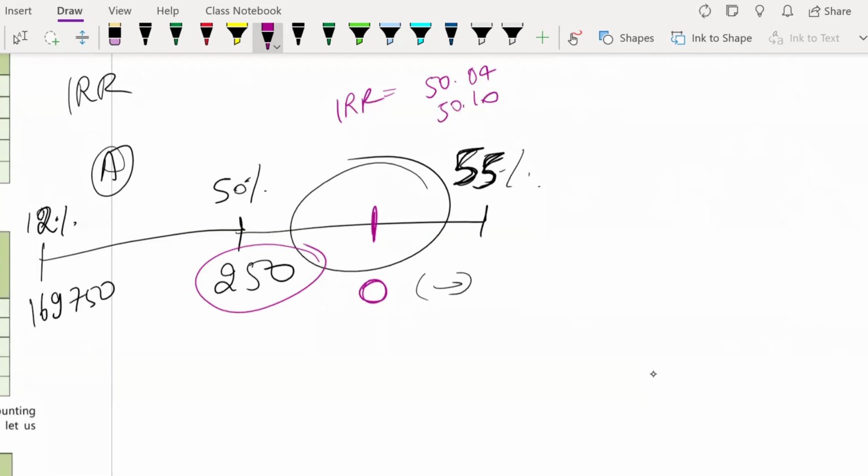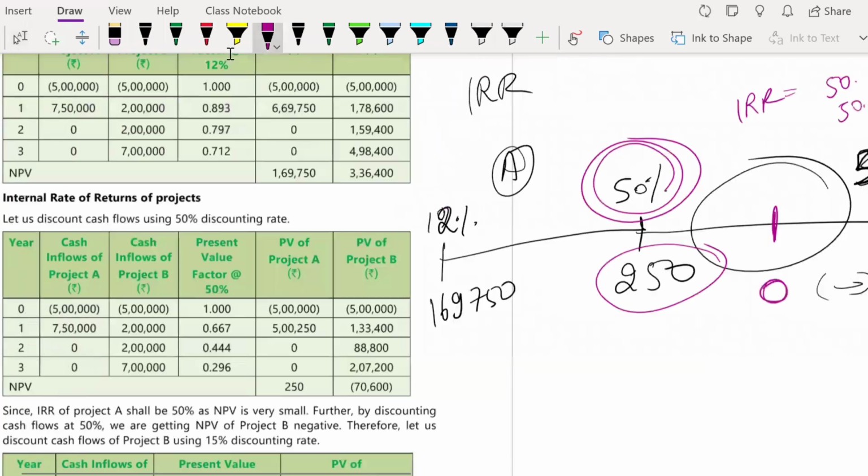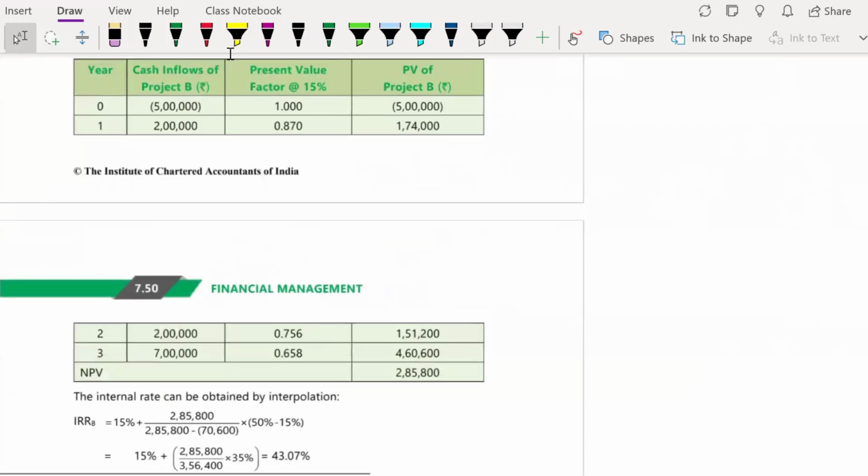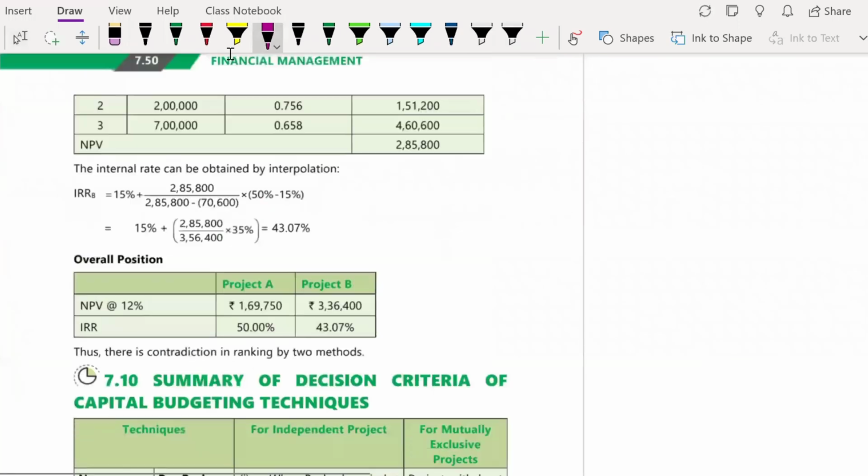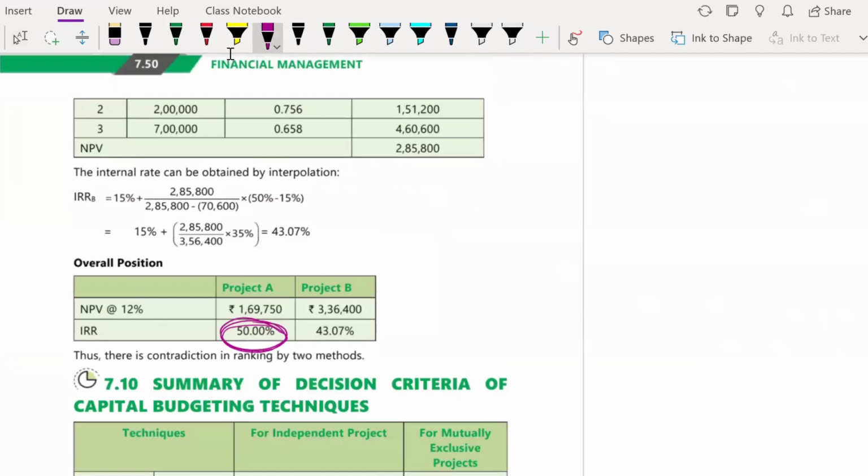Very nearby only your IRR will come. So they have assumed, why should we waste time calculating IRR? They have given that the approximate IRR is 50% itself. Understood? That's the reason for project A.